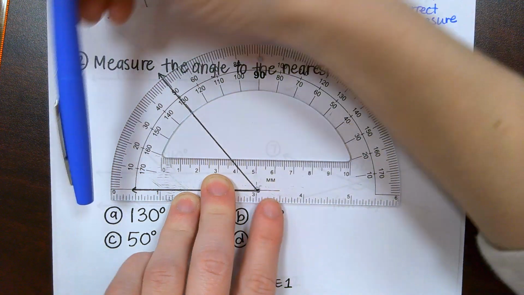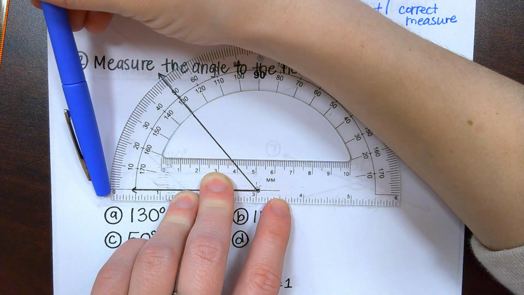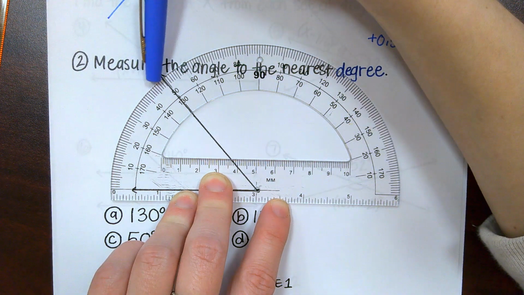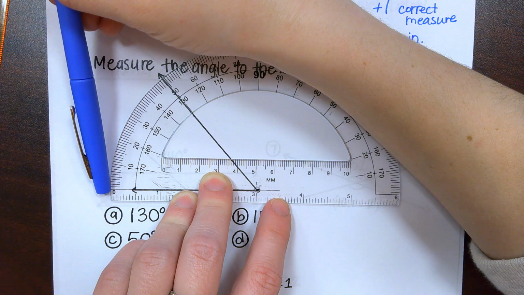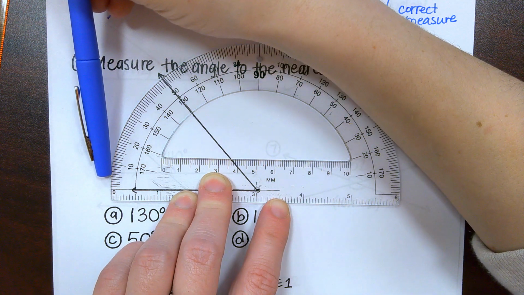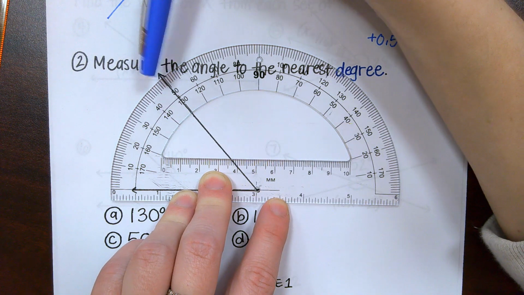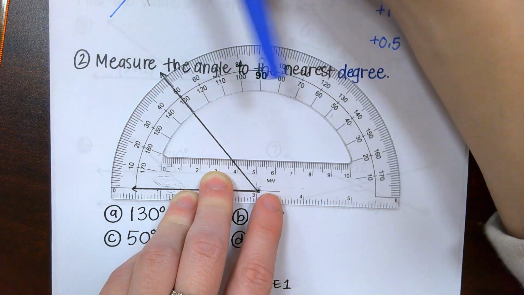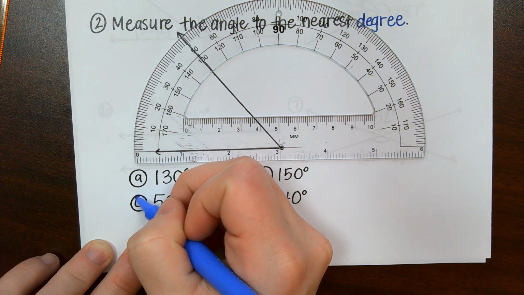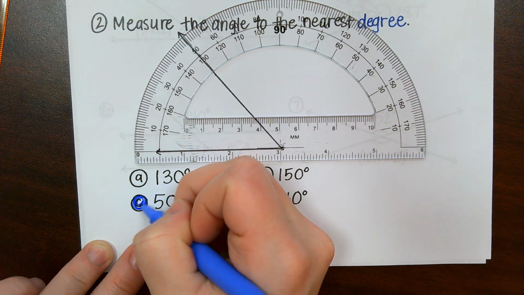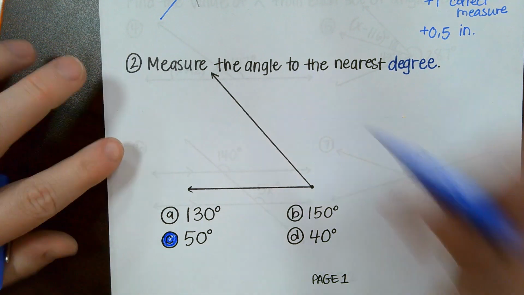And I can reason that if I am looking from here and my angle's opening this way, that means at the close of my angle, it started at 0 degrees. Then it got bigger, 10, 20, 30, 40, 50. So 50 makes more sense than 130 here. So our answer for number 2 would be C, 50 degrees. And this question is just worth 1 point.